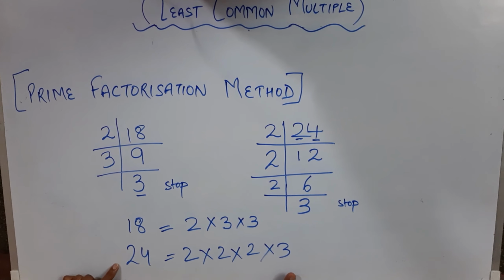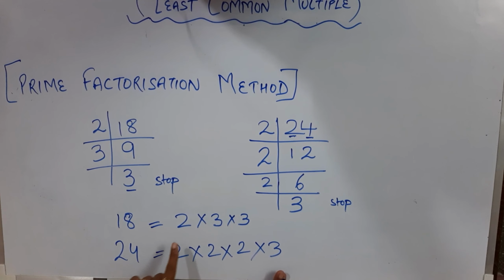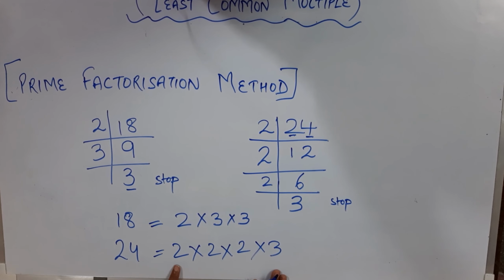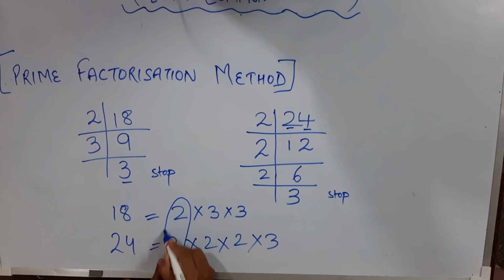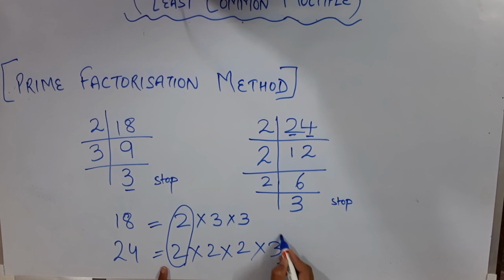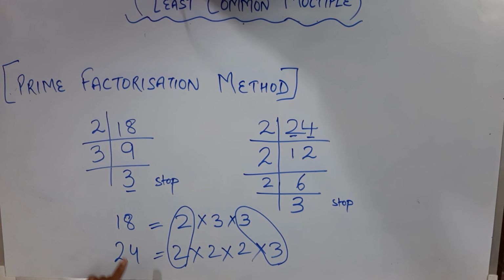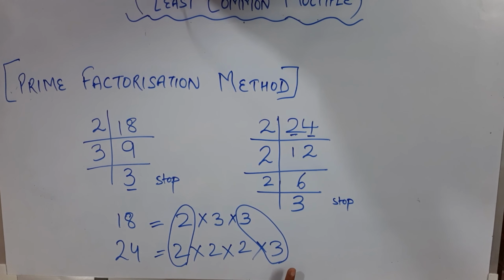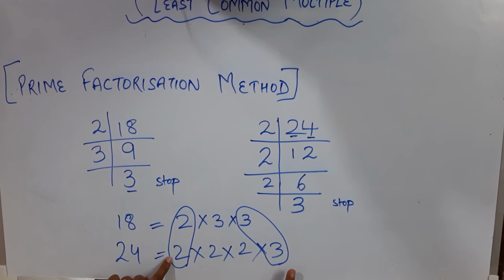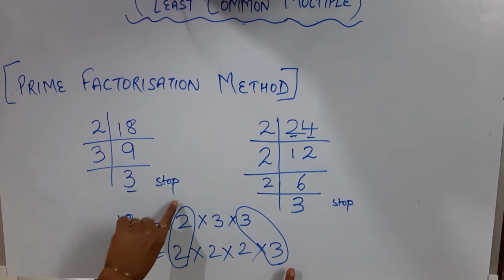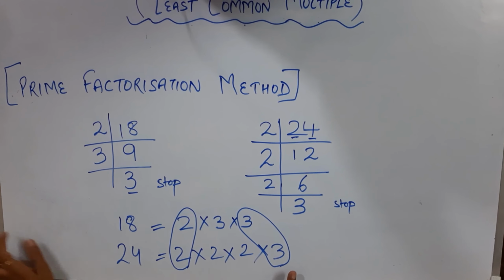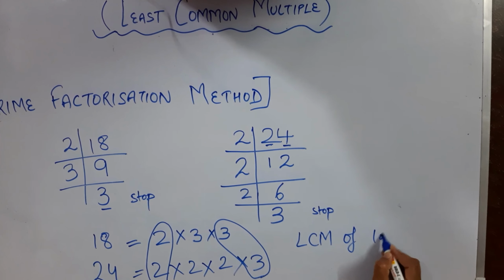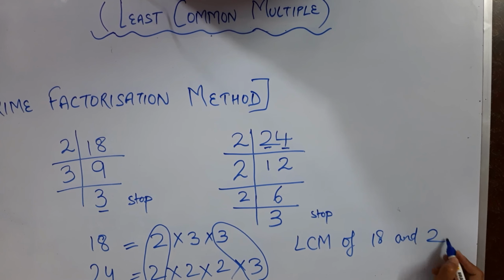Now in LCM what we will do, we will multiply all the factors, but which factors are common? Like 2 is common here in both numbers, 3 is common here in both numbers. So I'll write down these common factors only one time. I'll not write down these 2s again in the answer. I'll write down this pair only one time. So what will be my LCM of 18 and 24?